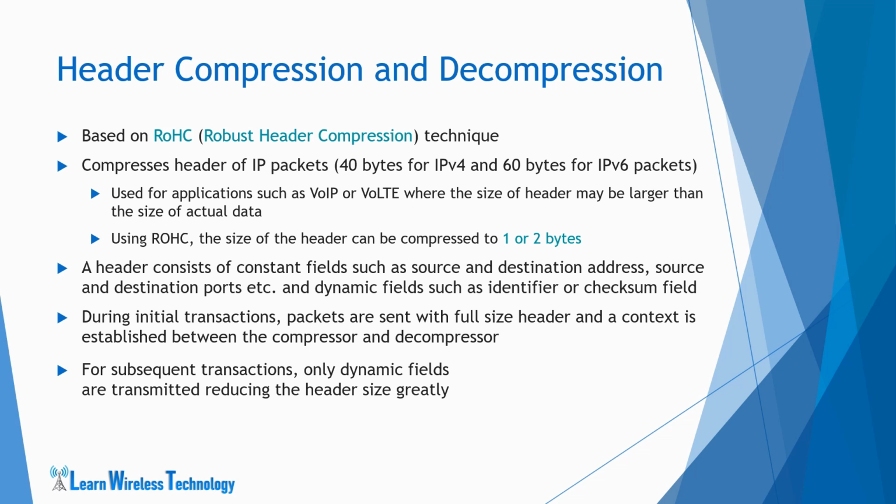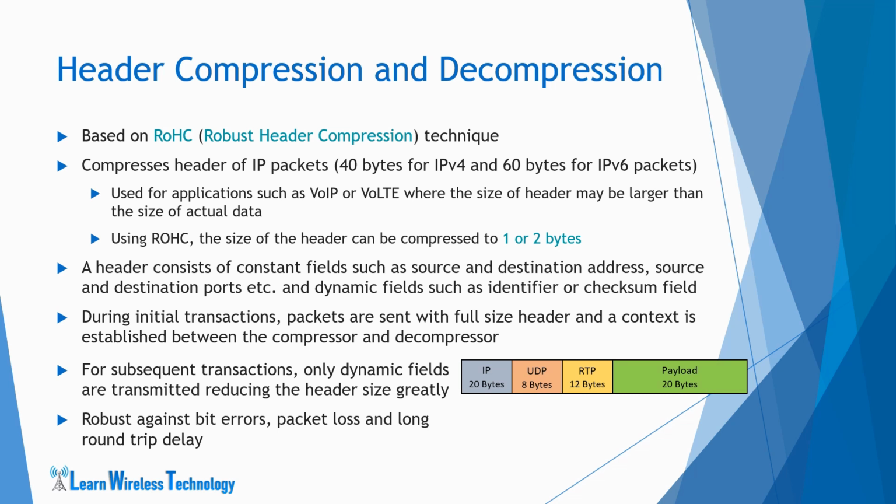For subsequent transactions, the header is sent only with those information which changes after every transaction. So transmitting only the changing part of the header gives an effect of data compression. Hence, using ROHC is an effective way of reducing the header size greatly. This technique is robust against bit errors, packet loss, and long round-trip delay. So this is how the header compression principle works.